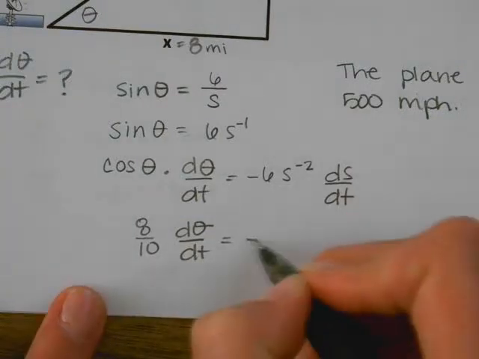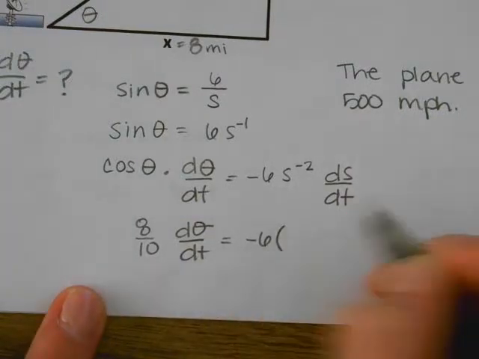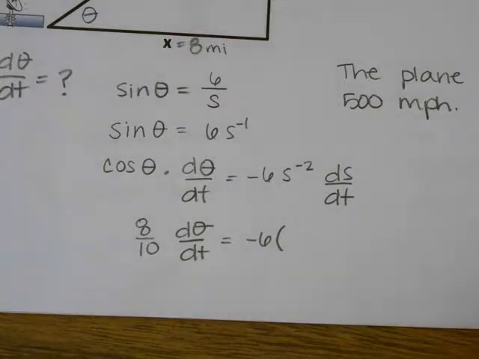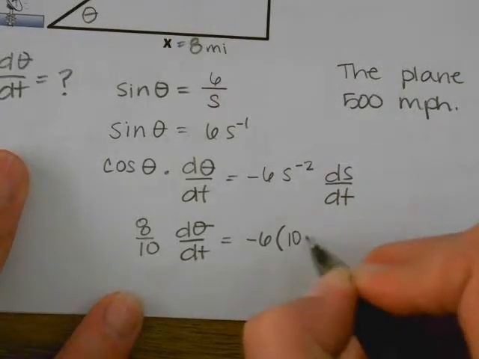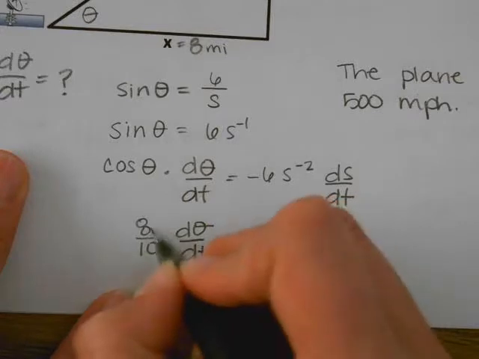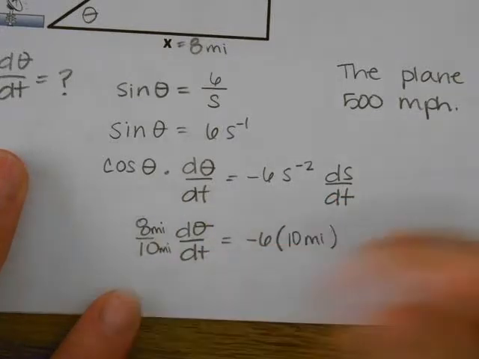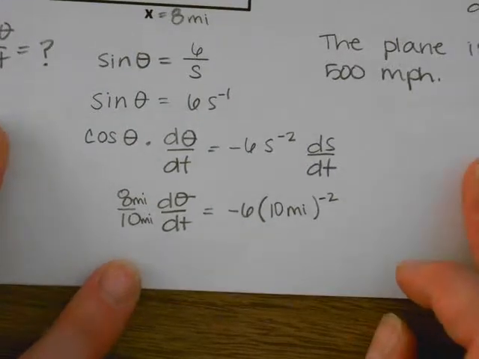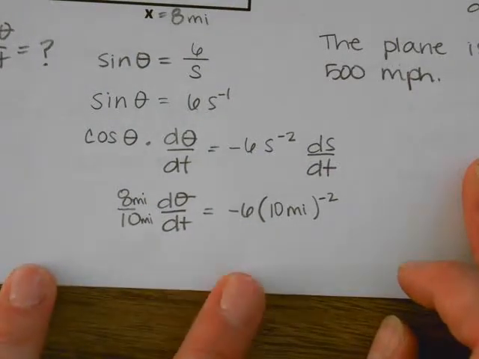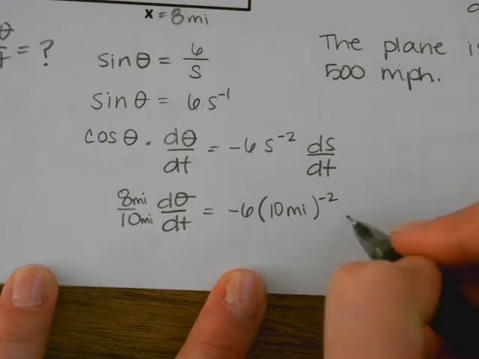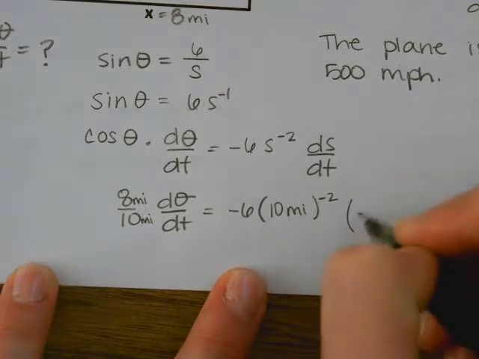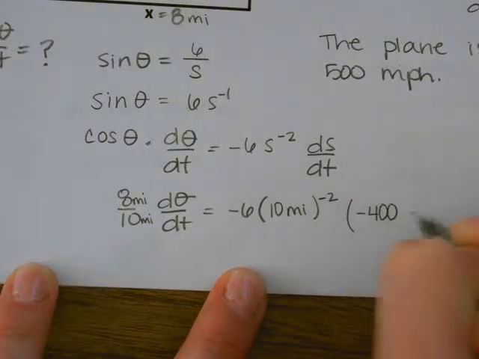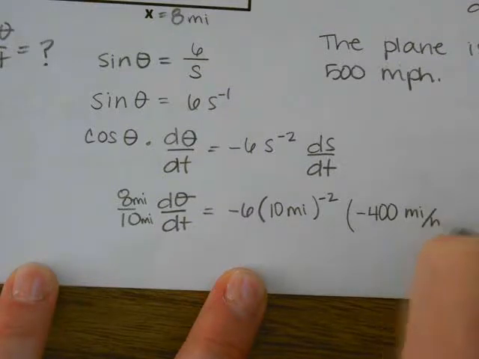And then we have negative 6. And what is our s value? 10. And I should be writing these units in here. I'm going to go back and put my units in. To the negative 2. And then ds dt is negative 400 miles per hour.